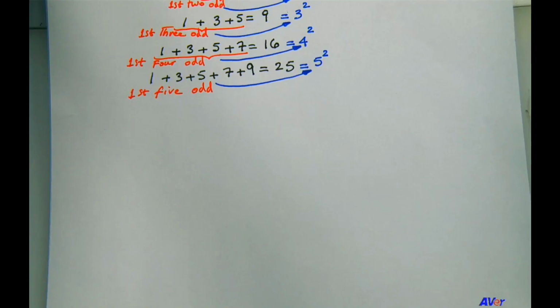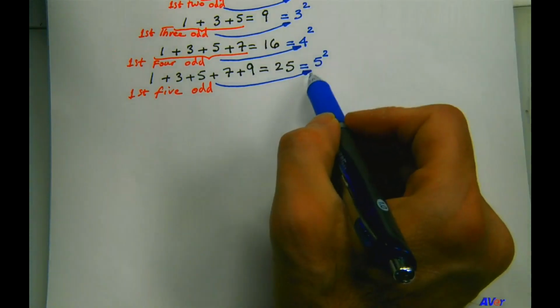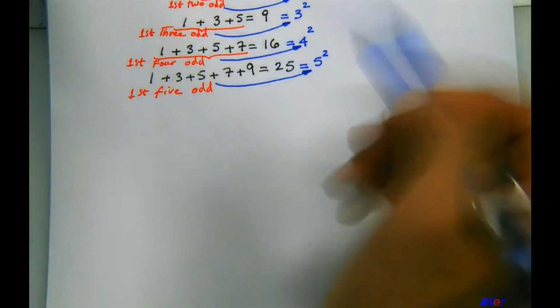Sequentially, from the first odd number, if we add them, then we get a number that is equal to the number of odd numbers added squared.